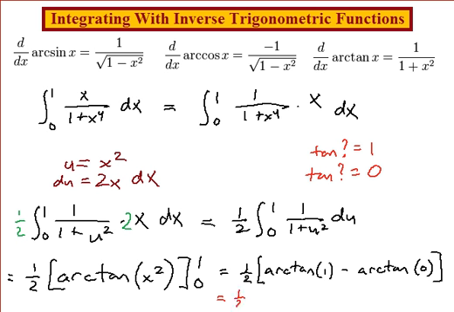And that happens at 45 degrees or pi over 4. Tan of x is equal to 0 when sine of x is equal to 0. And that occurs at 0 degrees or 0 radians. Final answer then is 1/2 times pi over 4.